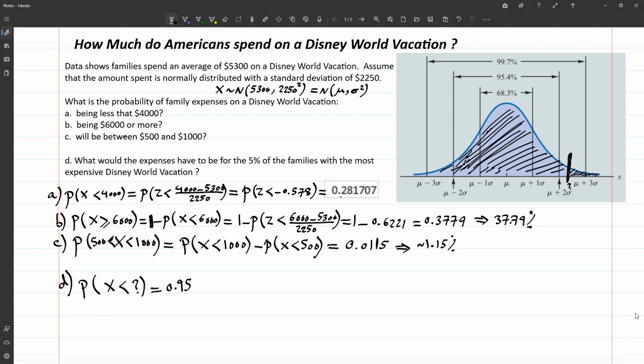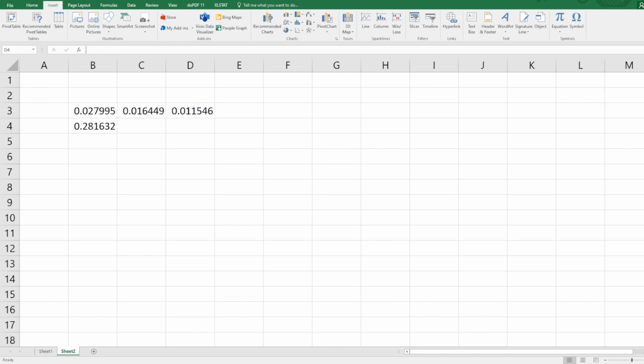To do that, the best thing is to use Excel again. If you use a standard table in a textbook, you need to first use the table to figure out the standard normal value, then convert it to X. But let me show you using Excel.